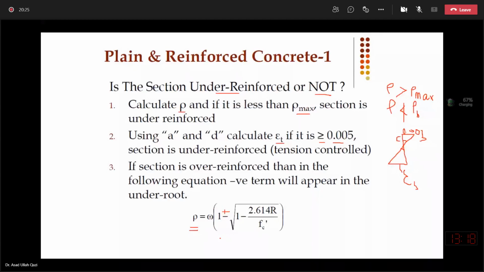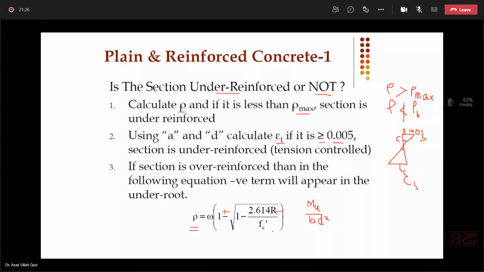In this equation, when you will be using it for design of the reinforcement ratio, if the section you are designing is resulting into an over reinforced cross section, what warning will you get once you put the values inside the square root? For example, R is actually Mu over b d square. If I expand this equation, it is Mu over b d square. So once you put the values, you will get a negative term under the root if the section will result into an over reinforced section. So that will also be one hint for you that you are designing a cross section that will not result into a tension controlled, desirable cross section.